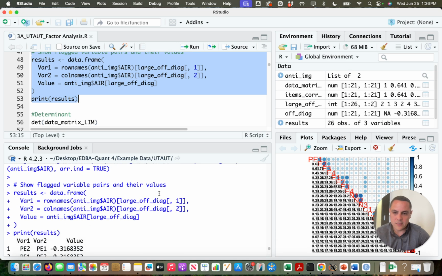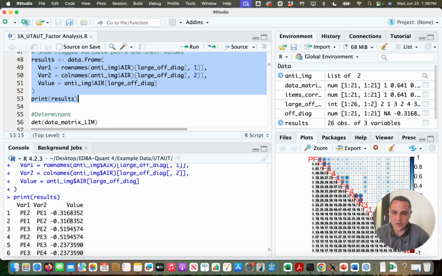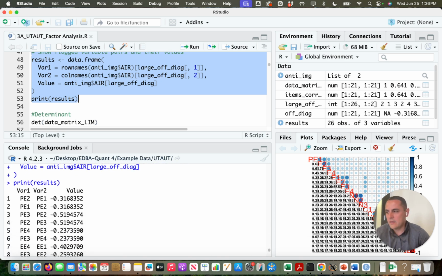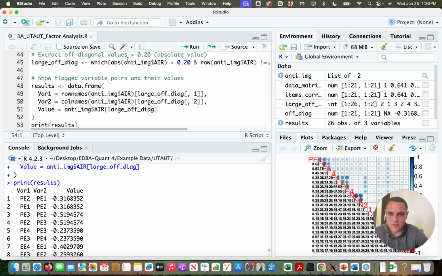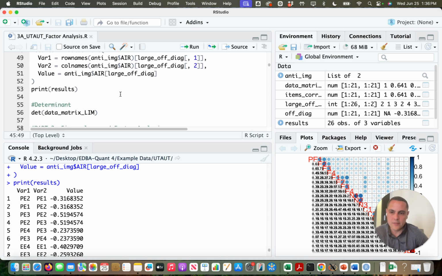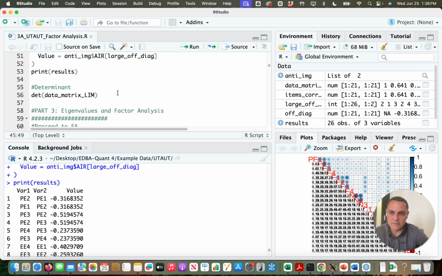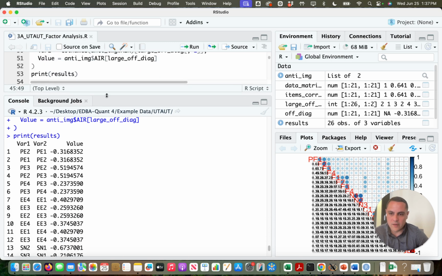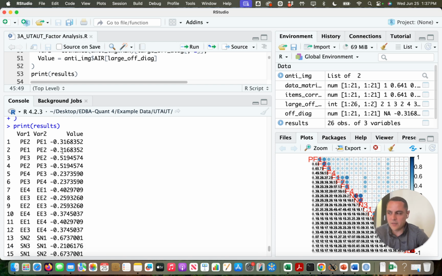So you can see here when I ran that, I do have some off diagonal values that are larger. You can kind of see here, larger than an absolute value of 0.2. So that would be going too far. You can actually see that there are some that are actually pretty high.